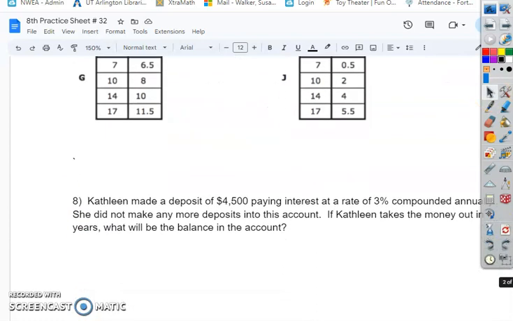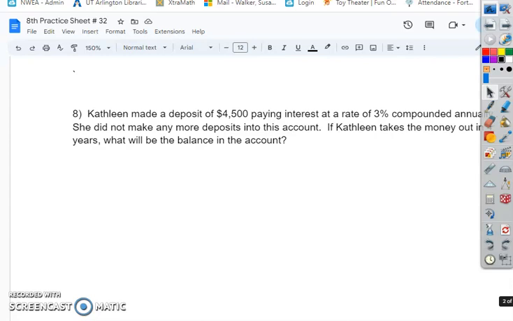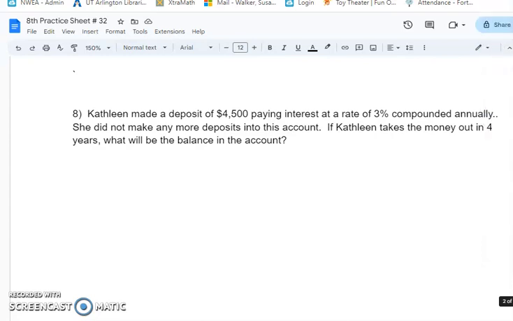Last problem. This is our new material. Okay? This is our new material. I will also let you know this is one where we will need our formula chart. This says, Kathleen made a deposit of $4,500. That's the money she puts in.